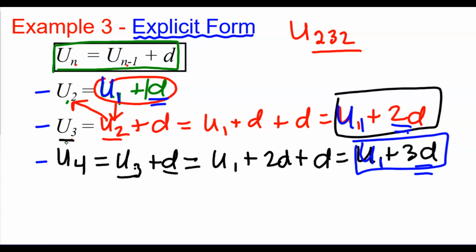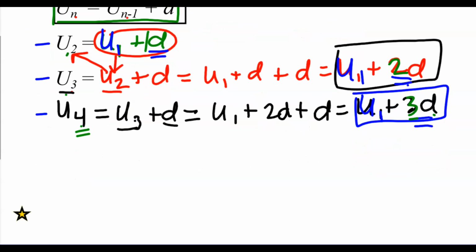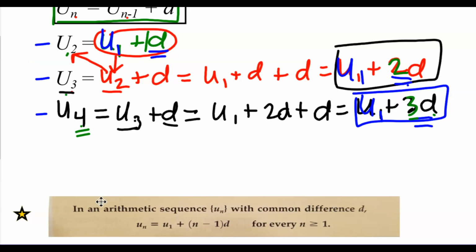For the third term, it's 2d. For the fourth term, it's 3d. And what you should notice is this coefficient in front of the d is always 1 less than the term number. So that gives us a general formula that we can use without having to go through the whole recursive step.